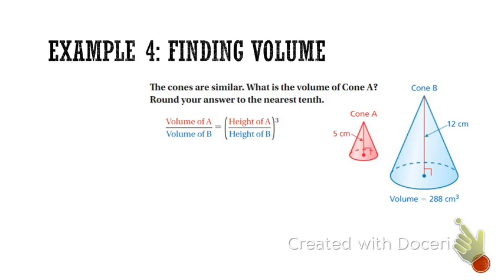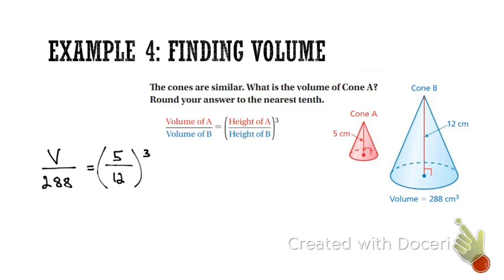It says that they're similar, so that means I can use a proportion. The volume of A, which again I don't know. Okay, so we're just going to say V for volume, over the volume of B, which is 288, equals I'm going to put the height again into a ratio, 5/12, but now I need to cube it.